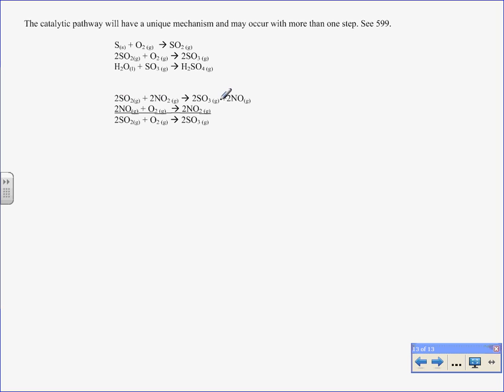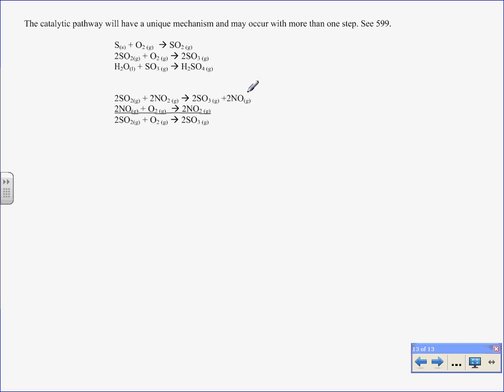This will have a lower activation energy likely. And then the NO, this reactive intermediate, reacts with oxygen to produce the NO2. Overall, what's happening here is the SO2 is converting to SO3.